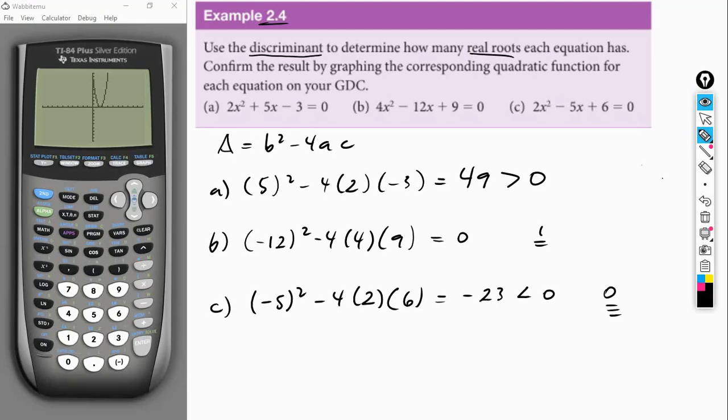Now let's verify it with the GDC. So again, we go to y equals. We can clear that one or just leave it there. And let's type in 2x squared minus 5x plus 6 and hit graph.